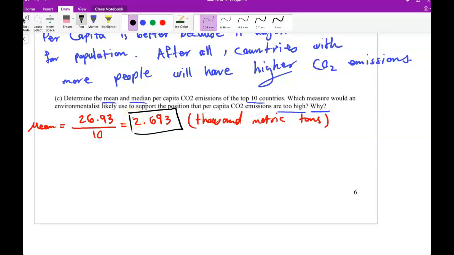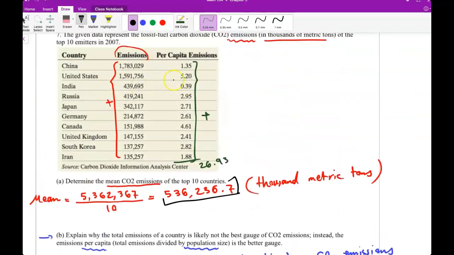Then after that, finding median. We should write all these numbers in ascending order because these are not in order.